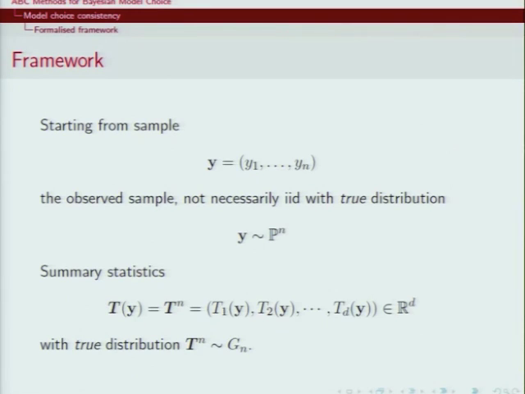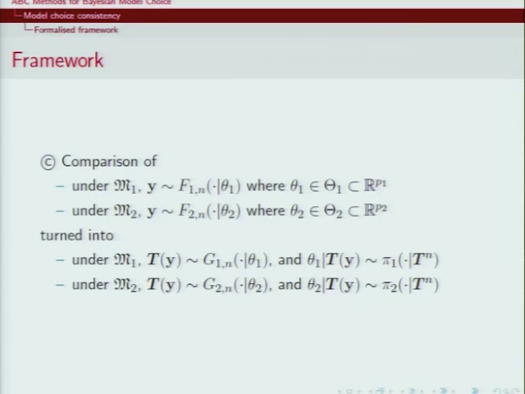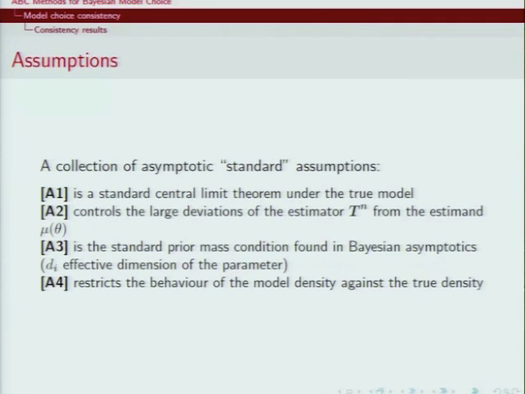That's the starting point. And then we compare under both models posterior distributions that are of the form pi1 and pi2 that are only conditional on Tn. And the question is, what is the behavior of the corresponding Bayes factor as n grows to infinity?